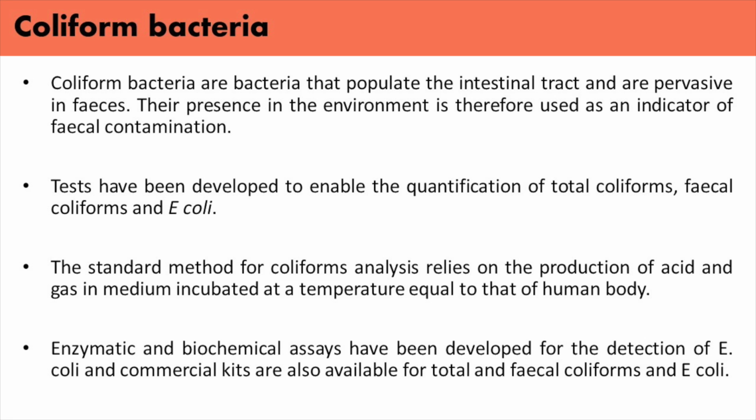Coliform bacteria are bacteria that populate the intestinal tract and are pervasive in feces. Their presence in the environment is therefore used as an indicator of fecal contamination. E. coli is the target organism that has traditionally been used to identify fecal contamination in the environment.